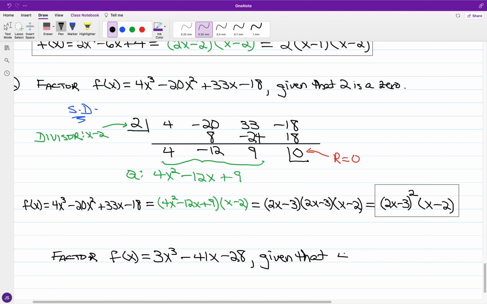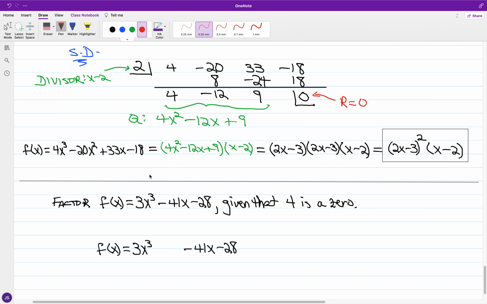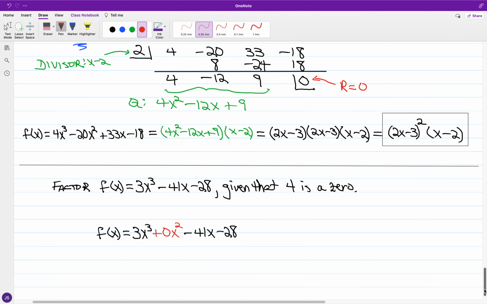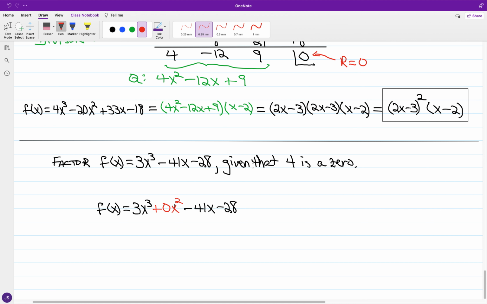So we have a missing second degree term. If I were to explicitly have all the degrees labeled from the order of the polynomial to the constant, we're going to have the 0 placeholder for x squared, then we have negative 41x and minus 28, and we have given that 4 is a 0.